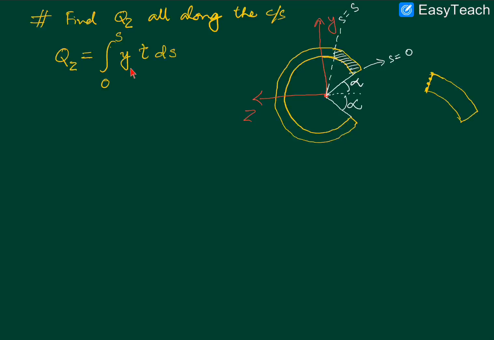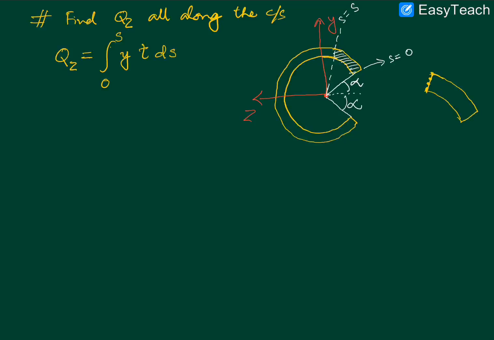So this y that is present here, we are not going to strictly talk about different points. Rather, we'll talk about some average point, or some point which represents a typical point within this thickness.